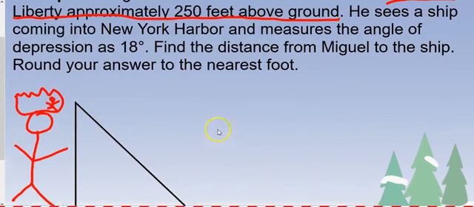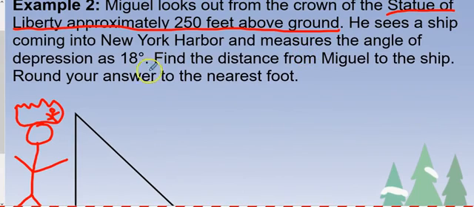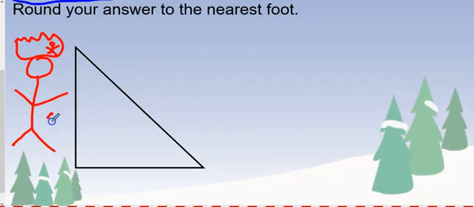And then he sees a ship coming into the New York harbor and measures the angle of depression as 18 degrees. Okay, so let me put 250 feet over here. I'm going to put my 18 degrees.